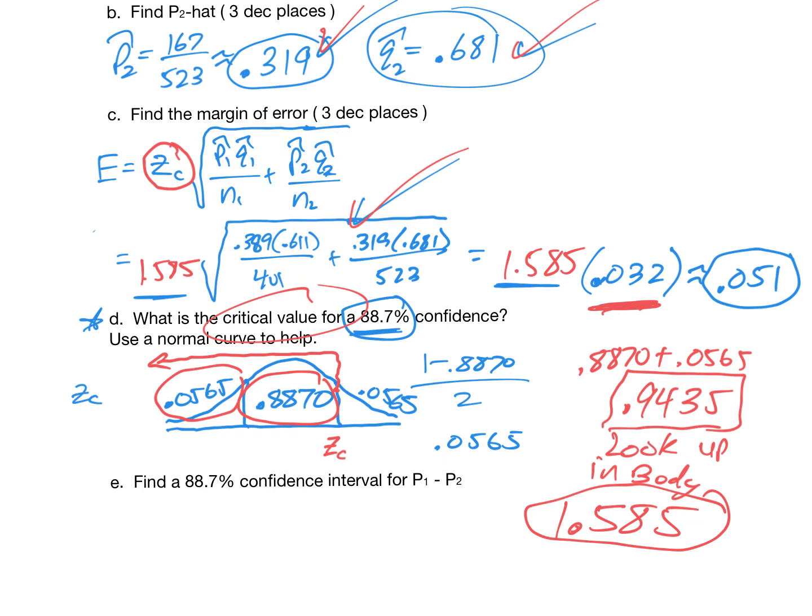So remember, the entire margin of error consists of z of c times the sigma of our particular proportion. The sigma is this big old square root, and the z of c is either coming from a memorization of 90, 95, 98, 99, or one that you have to do. When I give you this quiz, you're going to have one that's 90, 95, 98, or 99, and the last question on your quiz will be just like what I'm doing right here. You have to find the z of c.